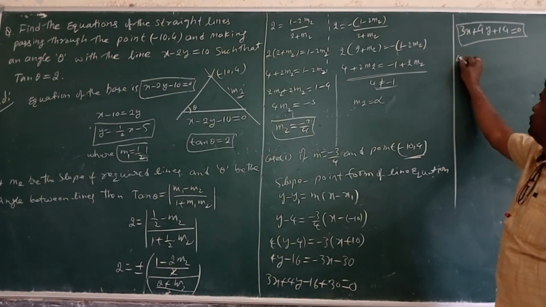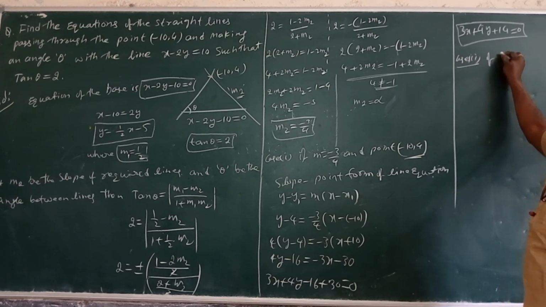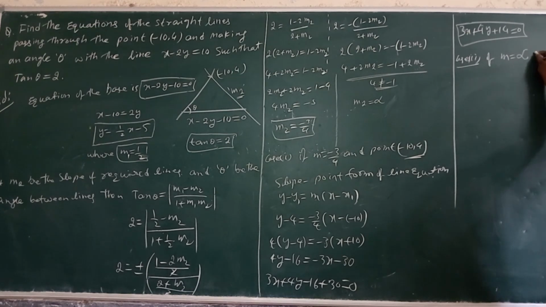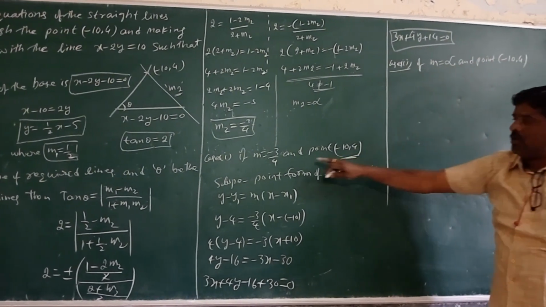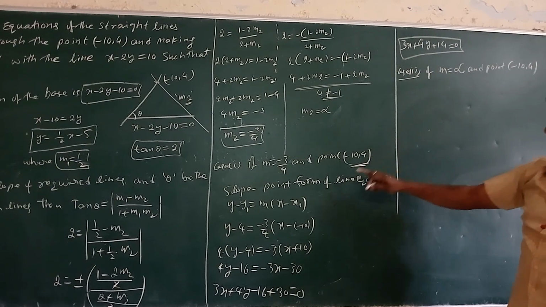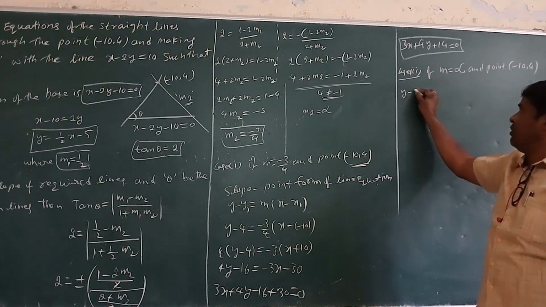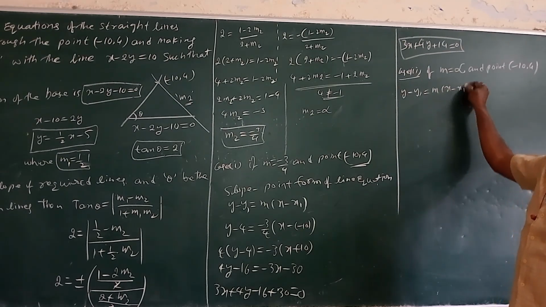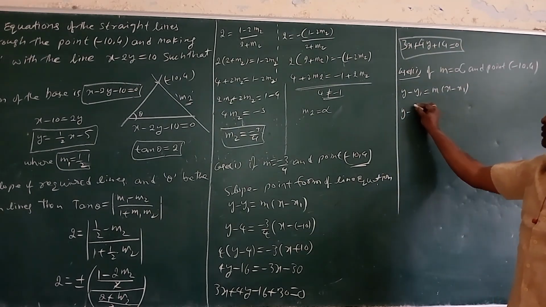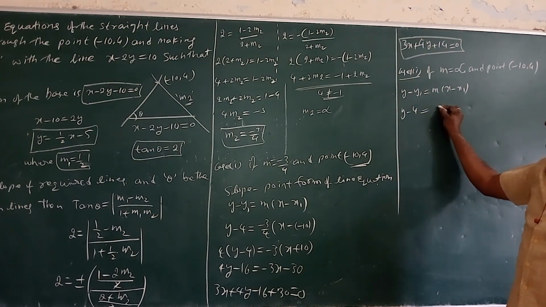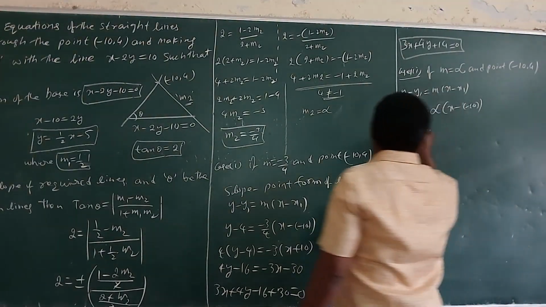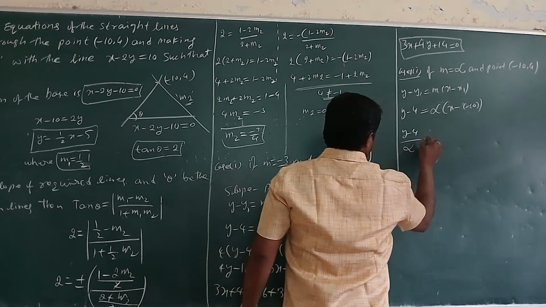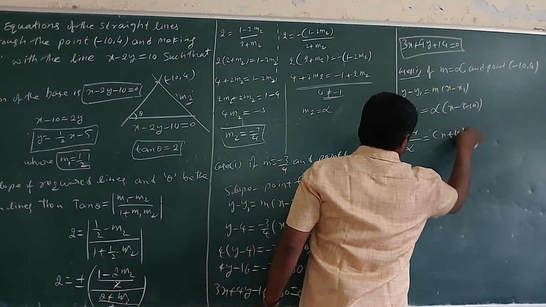Another case, case 2: m is infinity and the line passes through the point (-10, 4). Using the slope-point form, y minus 4 equals infinity of (x plus 10). Cross multiplying, (y minus 4) by infinity equals x plus 10.